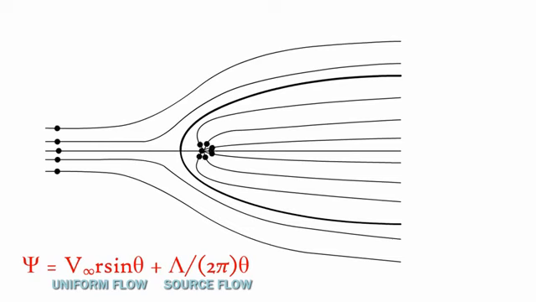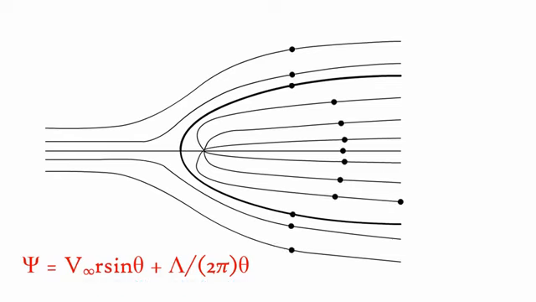Since the flow inside the blunt nose body is completely separated from the flow outside, we can use this as a model of flow over a blunt body by ignoring the flow on the inside and just focusing on the flow on the outside. We can also increase the strength of the source to make the body wider or decrease the strength to make the body thinner.